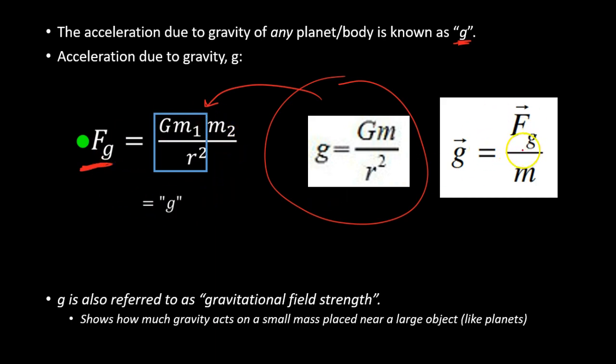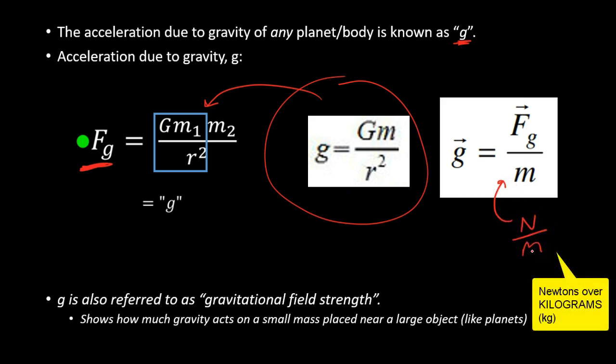That's it right here, but it's representing the exact same thing. It's still something in meters per second squared, though actually the AP equation sheet, if you look at this equation, g can also have units of newtons over meters, and I've seen that show up on the AP exam. So don't be confused. The acceleration due to gravity, we've most commonly seen it represented as meters per second squared, but you could also say, on Earth, it's 9.8 newtons per kilogram.